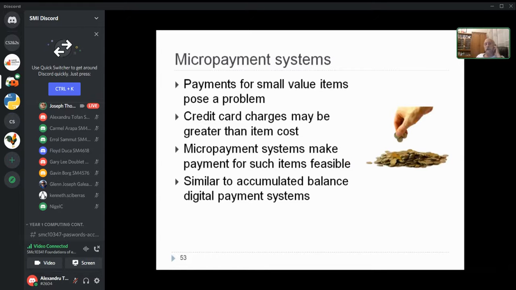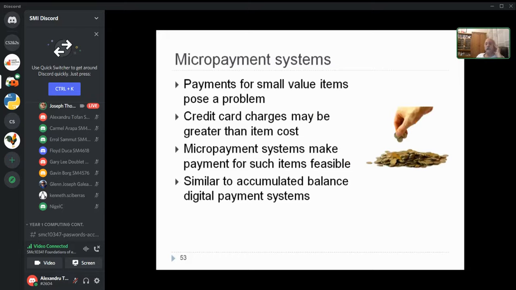And finally, we see micropayment systems, right? Sometimes you need to pay for small value items, going on public transport, for example, buying a newspaper, right? And these small value items can cause a problem. First of all, because if we pay by credit card, probably the seller will not accept credit card payment because the charges by the banks would be much higher than the profit element on these small value items.